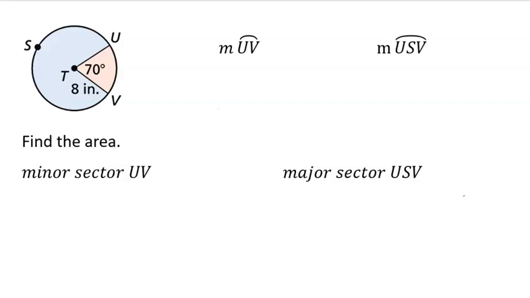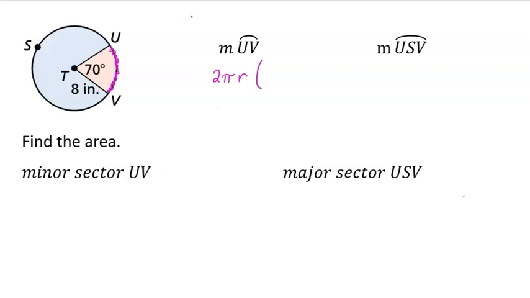So we know that arcs are a portion of the circumference. So if I'm looking for the measure of arc UV, I'm looking for this portion of my circumference. When I'm thinking about circumference, I know that circumference is 2 pi r, and then I want to multiply it by what portion I have for that arc.